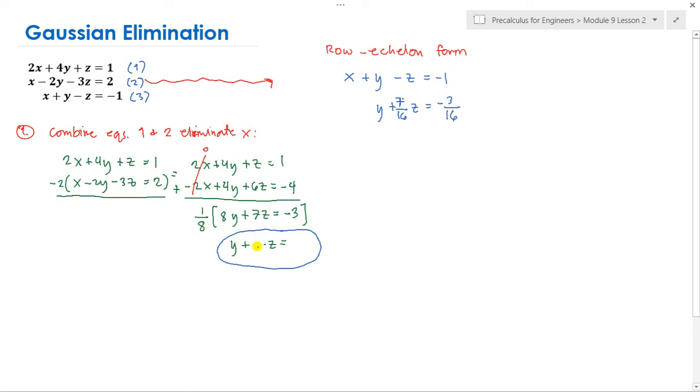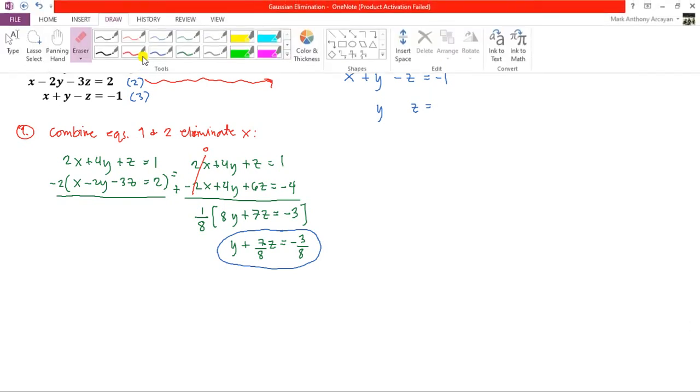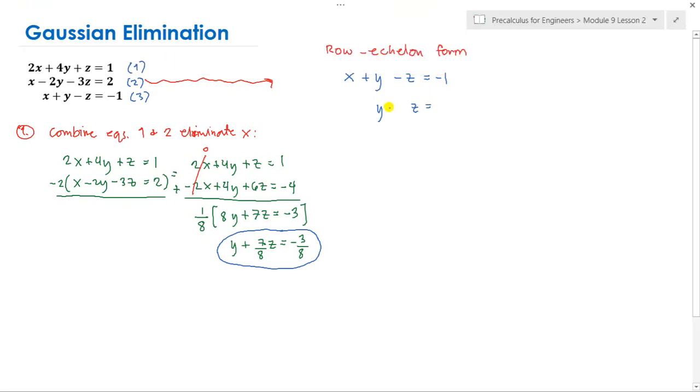So multiply na day by 1/8. Mao ning y plus 7 over 8z is equal to negative 3 all over 8. Okay, tama. So mahimo na siyang y plus 7 over 8z is equal to negative 3 all over 8.